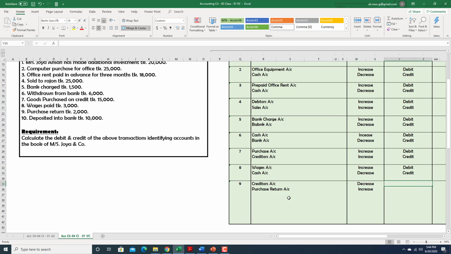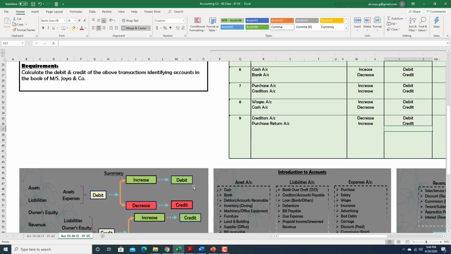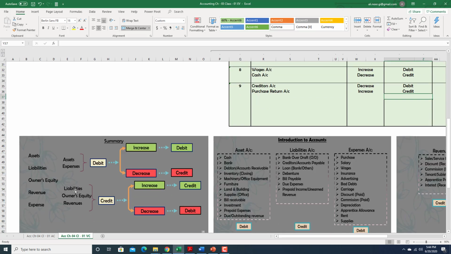and for decrease in creditors we have to write debit, and for purchase return we have to write credit. We can check it from here. Creditors is a liability account. When it decreases we have to debit it.